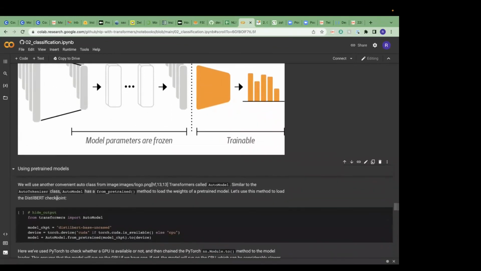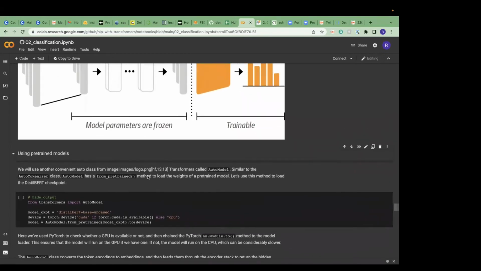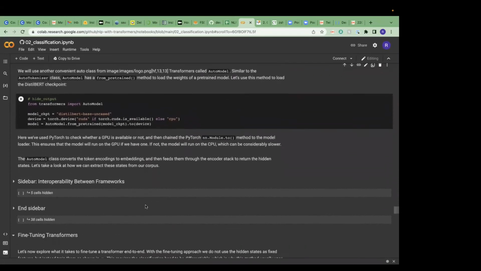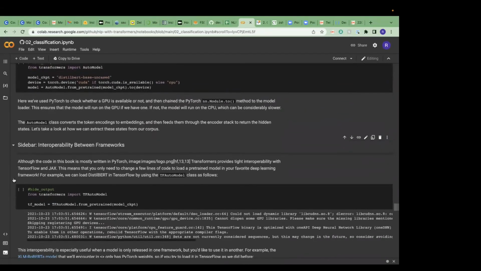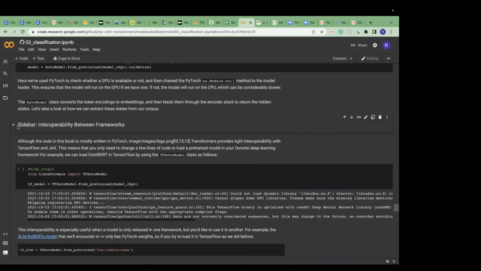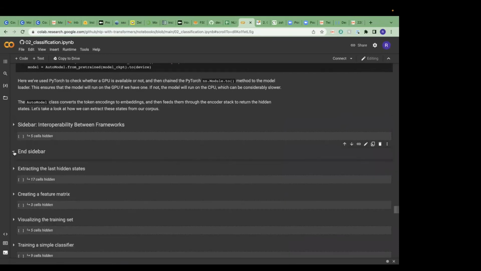It uses DistilBERT as the feature extractor and feeds the text through it. The sidebar is for TensorFlow, which I won't go over too much.